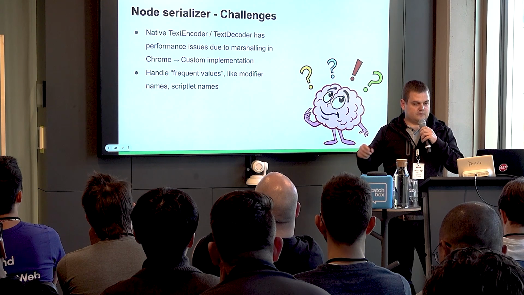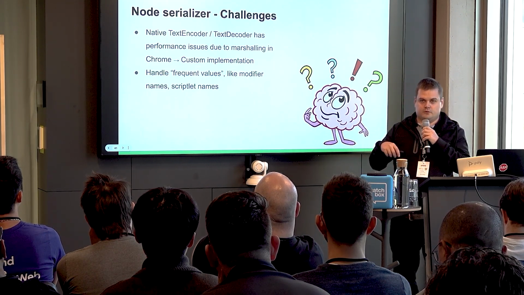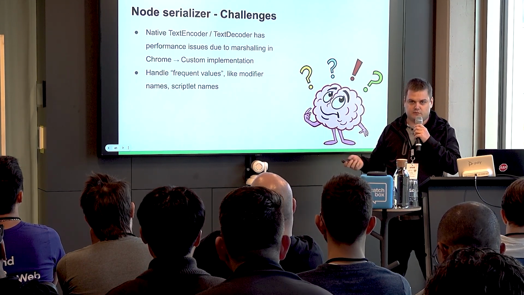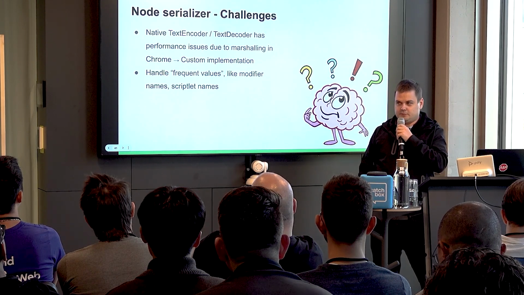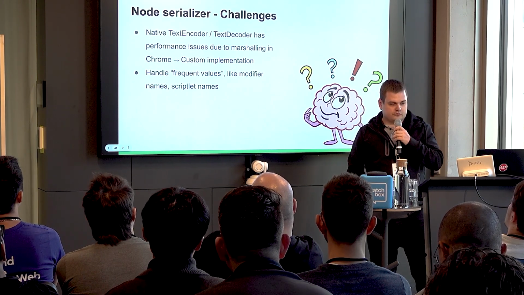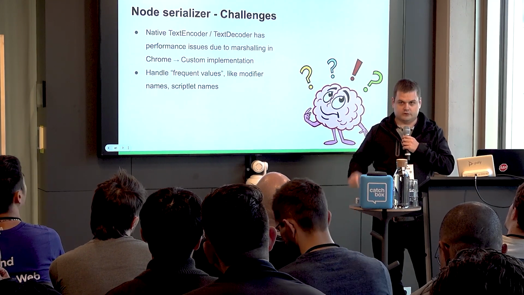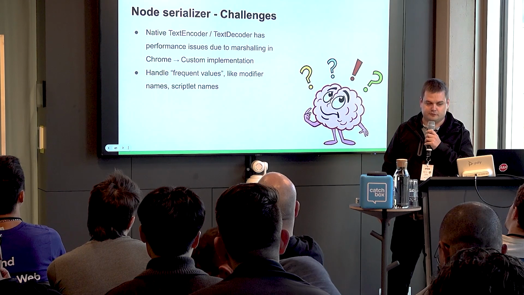The native encoder and decoder work well for large strings. So if you encode or decode the whole EasyList, for example, it happens within milliseconds. But if you split it into lines and try it line by line, it performs much worse. It caused a 2-time slowdown in the deserializer, so we needed the polyfill.